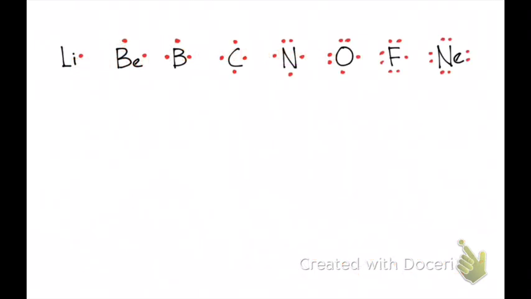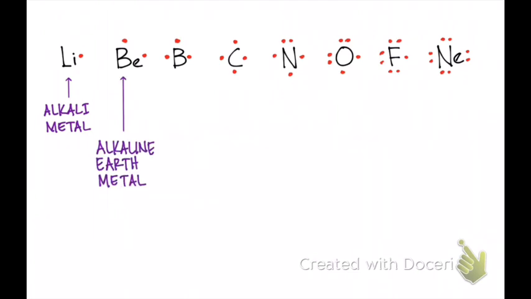So let's look at the classifications of some of these elements really quickly. You remember that lithium is a type of alkali metal, and beryllium is an alkaline earth metal. Then you have the group 7 elements, which are called halogens, and the group 8 elements, which are called noble gases. You also learned in the previous chapters the physical and chemical properties of these groups of elements, right?